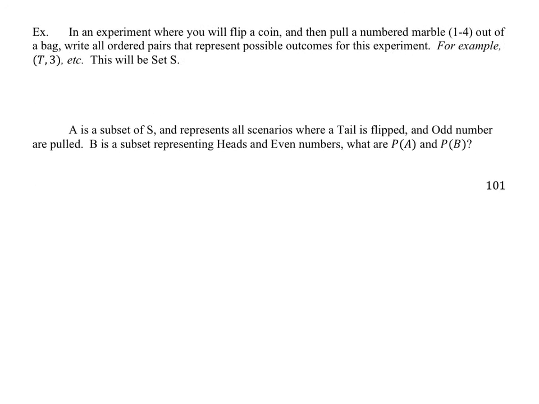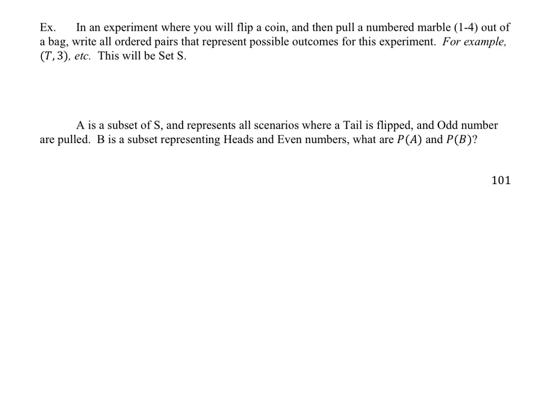So we've got an example. In an experiment where you're going to flip a coin and then pull a numbered marble, numbered 1 through 4, out of a bag, write all the ordered pairs that represent possible outcomes. So, for example, you could have tails and a 3, right? So we're going to write every single possibility. And this is going to be our set S: you could have heads and a 1. You could have heads and a 2.